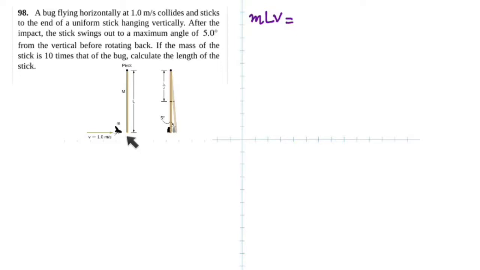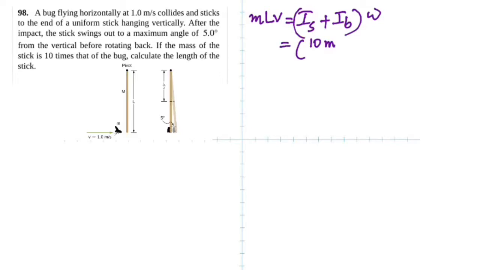Because the bug is hitting at this point, you take the length as the radius, multiply with the mass of the bug times its velocity, which should be equal to the final. Finally you have the rotational inertias of the stick and the bug times omega.